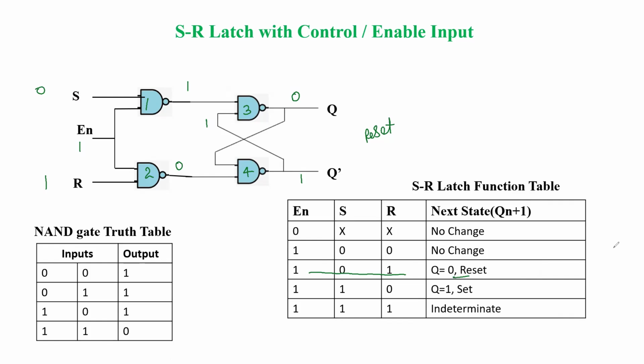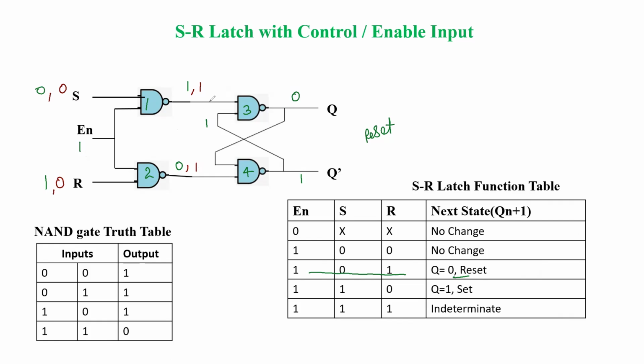Now after this reset, again if we put the 0 condition, meaning we keep S as 0 and R also as 0, the input to NAND gate 1 is 0, 1. What will be the output? The output will be 1 here. And for NAND gate 2, the input is also 1 and 0, so the output will be 1.